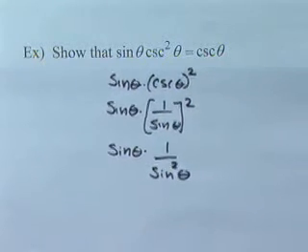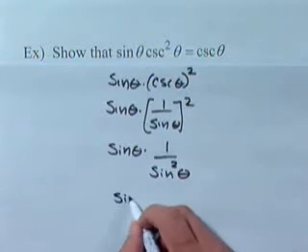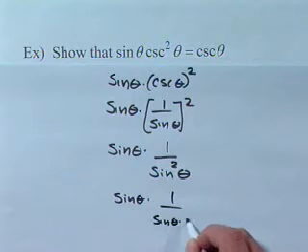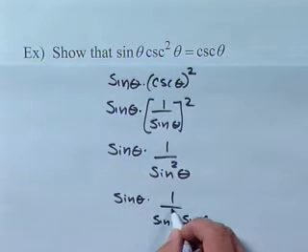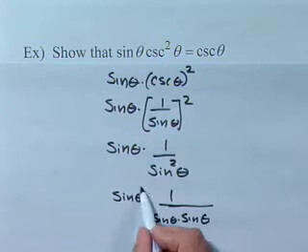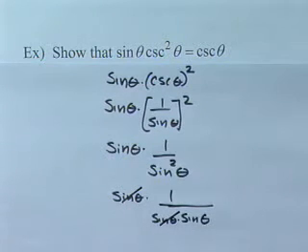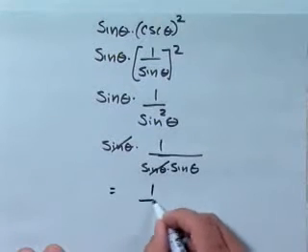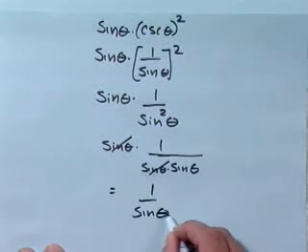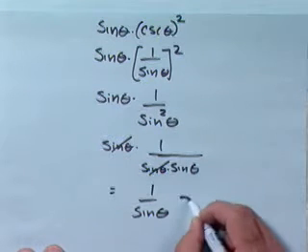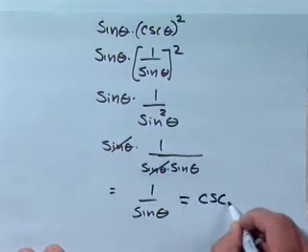That is the same thing as sine theta times 1 over sine theta times sine theta. Notice I can cancel a sine, and I'm left with 1 over sine theta. And remember what 1 over sine theta is? That's the definition of cosecant.